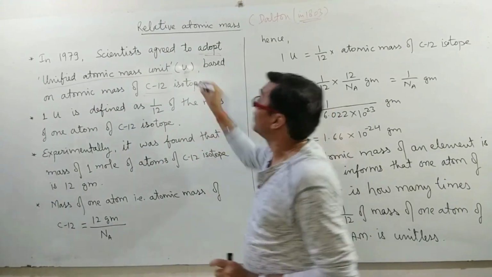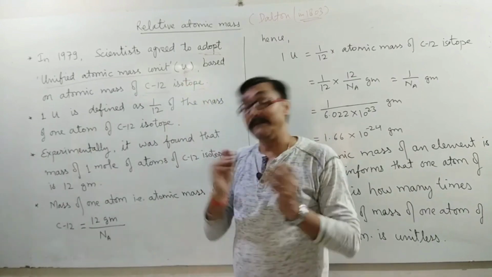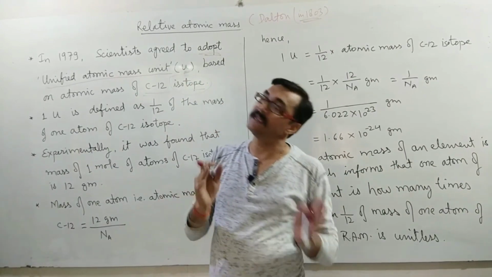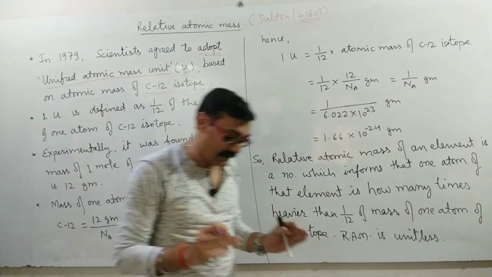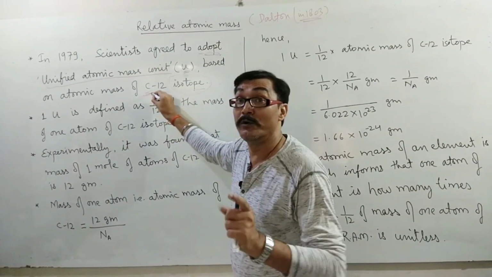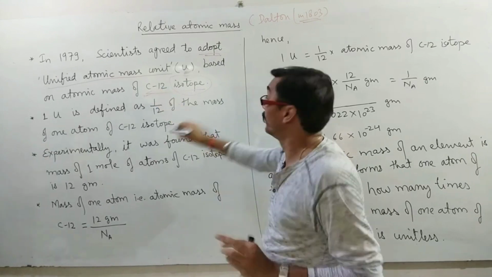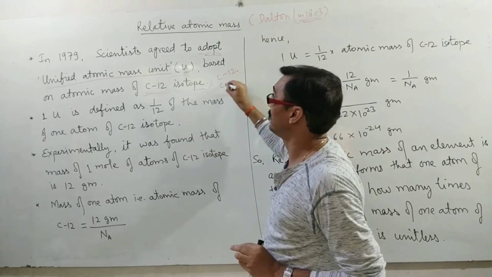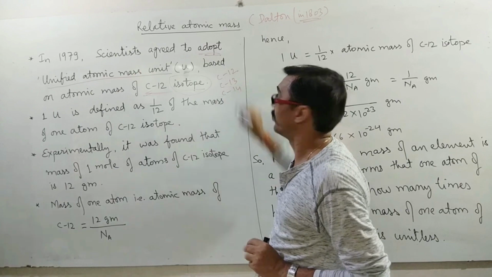As you know, isotopes are the different atoms of the same element having different masses. Carbon is found in the form of three isotopes: carbon-12, carbon-13, carbon-14.